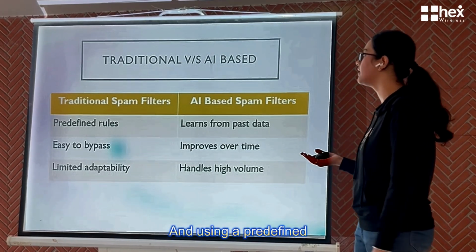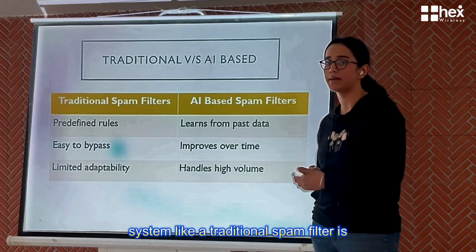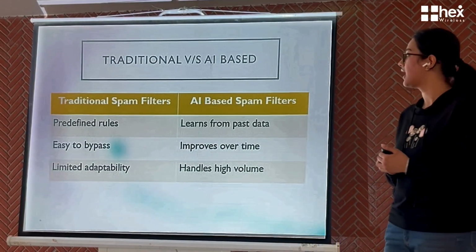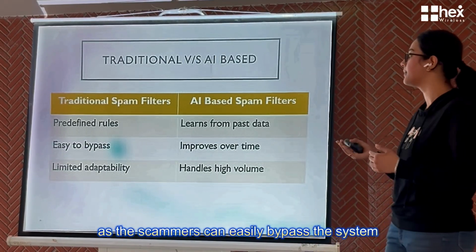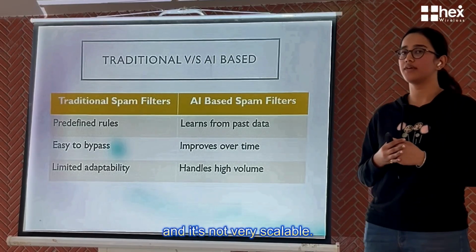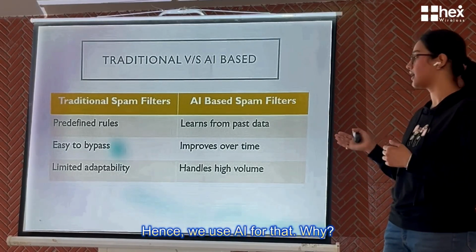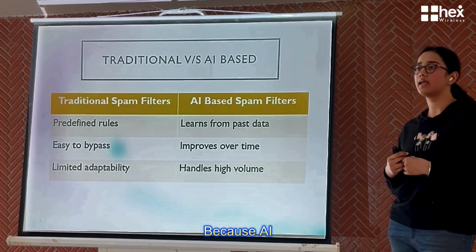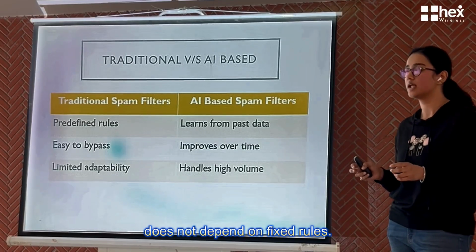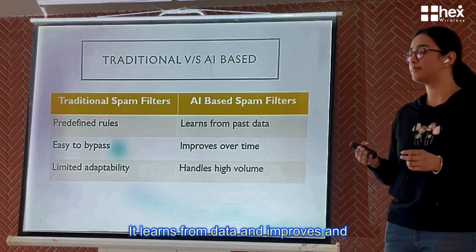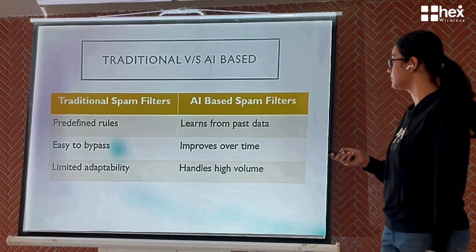Using a predefined system like a traditional spam filter is not efficient, as scammers can easily bypass the system, and it's not very scalable. Hence, we use AI. Why? Because AI does not depend on fixed rules. It learns from data and improves and evolves over time.